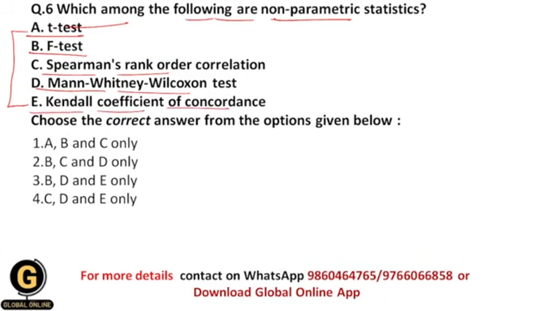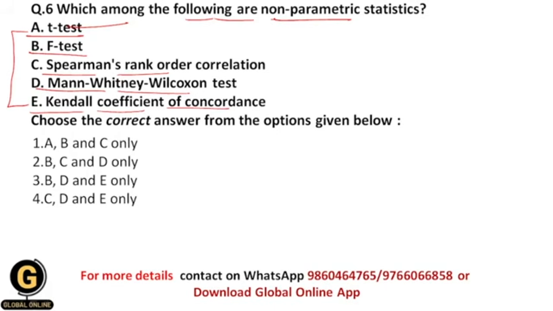So students, as I have told you earlier in the previous videos, there are basically two types of tests, and those are parametric and non-parametric tests. Parametric tests are basically based upon certain assumptions about the population, but non-parametric test does not make any assumptions regarding the population.